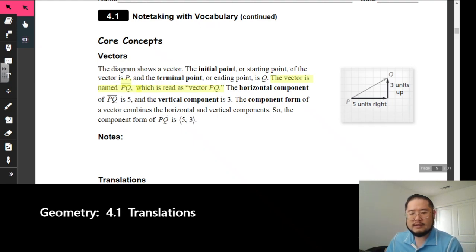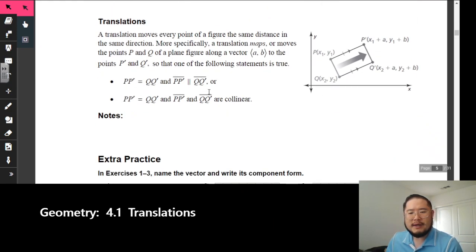Let's move on. We mentioned the translation. Okay, and then in the translation, all points will be moved the same amount, depending on whatever the translation happens to be. And remember, how do I know the difference between the initial point and the terminal point?